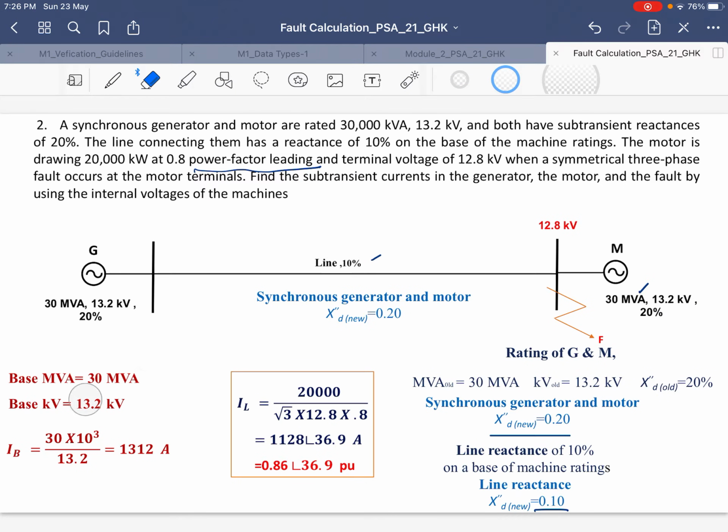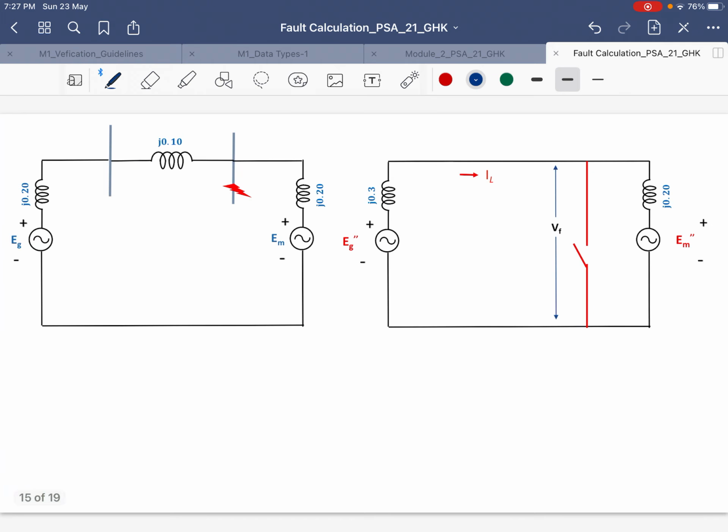Once we know the new per unit values, then for the given network you have to draw the reactance diagram. The next step is to draw the reactance diagram. This is the reactance diagram for the given network.